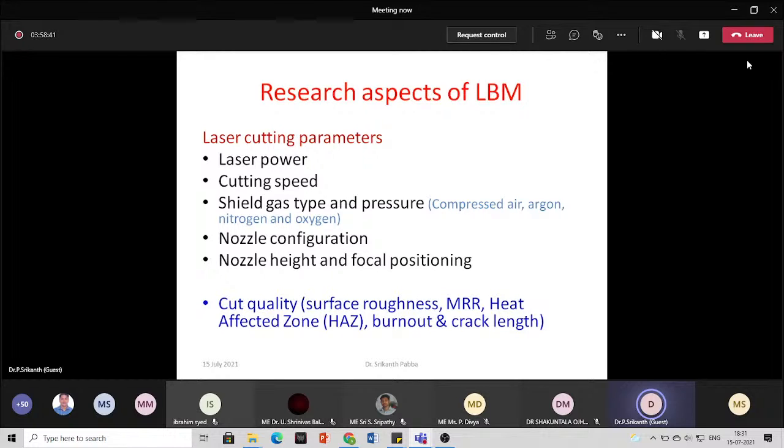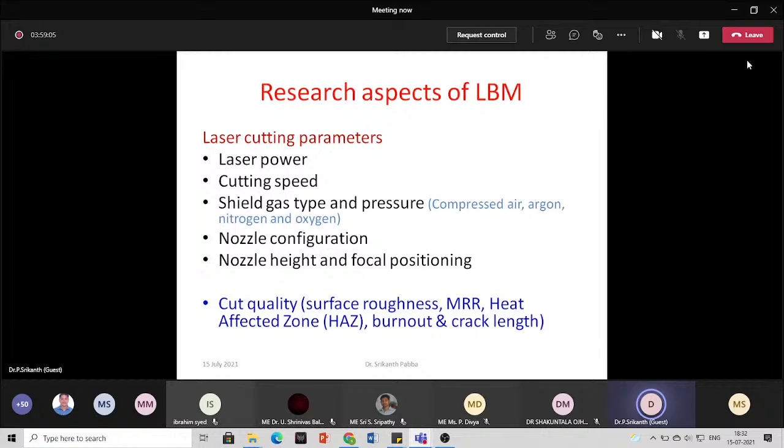So whether you are using compressed air, argon, nitrogen, or oxygen, what is the impact on the finish of the machining? Nozzle configurations, nozzle height and focal positioning are also very important aspects.